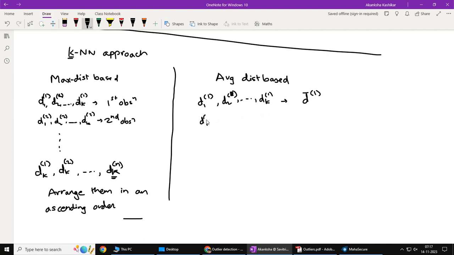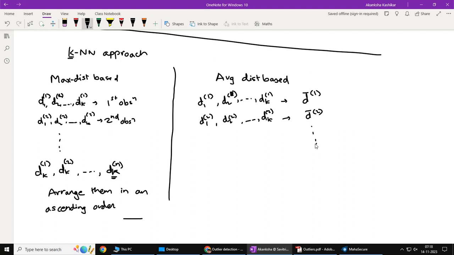Similarly for second observation, d12, d22, dk2 are distances of the k nearest neighbors of second observation. We call it d bar 2. And then rest of the procedure is same. So we rank or we arrange these average distances in an increasing order, and again see which are more extreme observations.